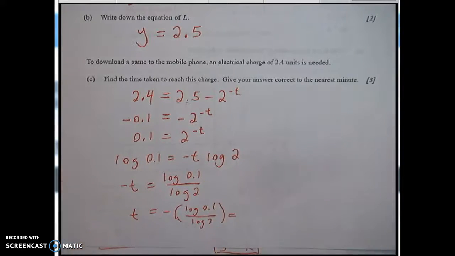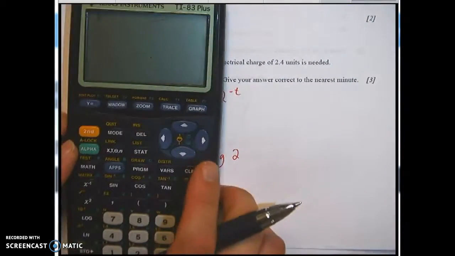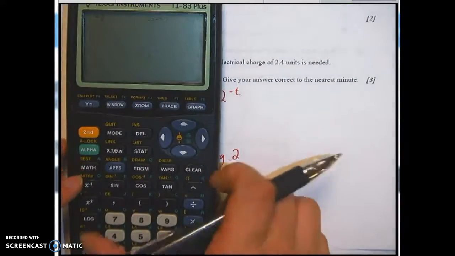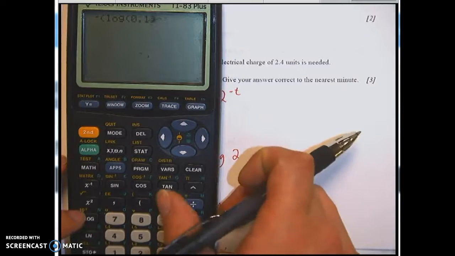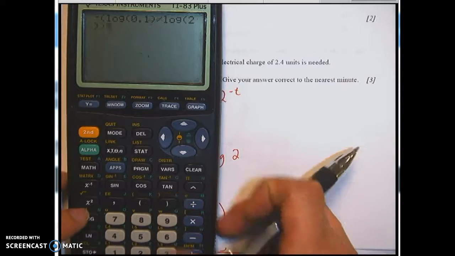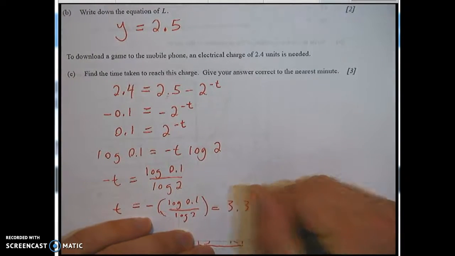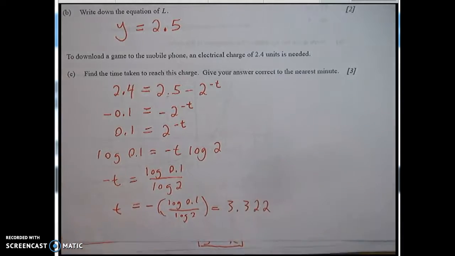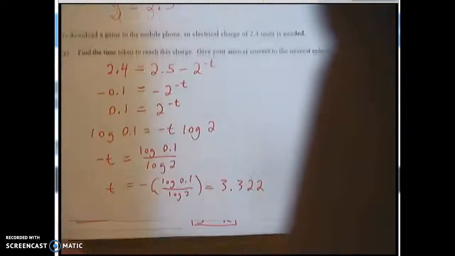That sure looks like something I probably ought to type into the calculator. So let's go ahead and do that. Negative log 0.1 divided by log 2. That's going to give me 3.322. And what was the units on that? Oh, I circled it, hours.